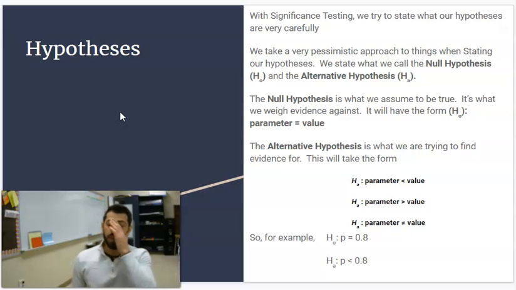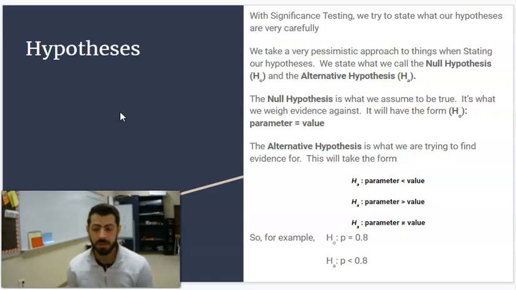So if we think that he is making fewer free throws than he says he does. Or you could assume that it is more. So maybe we're not giving him the benefit of the doubt. Maybe he's actually a better free throw shooter than he says he is. Or we're not sure either way, so we just assume he's wrong.